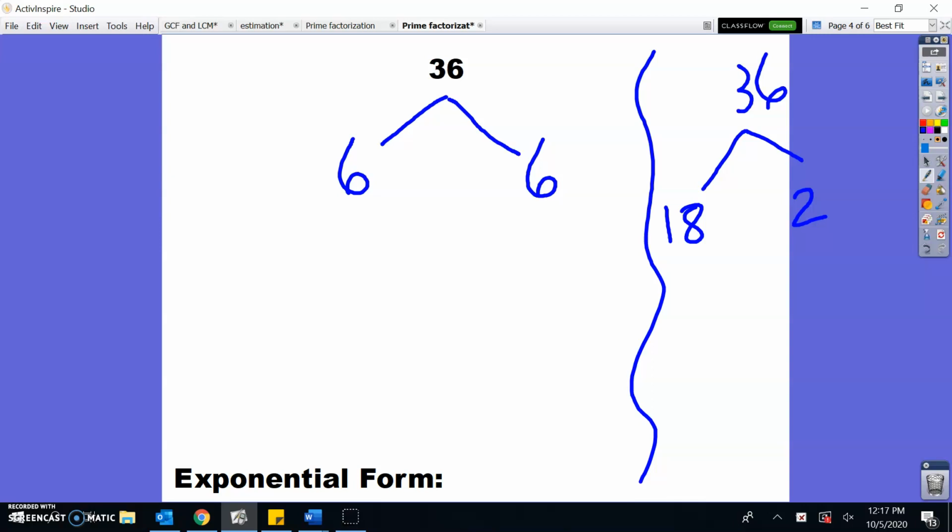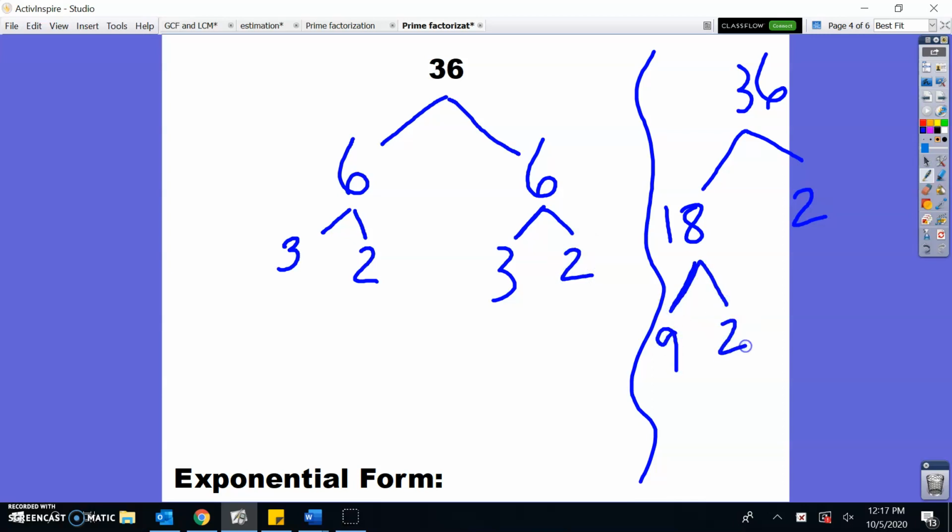So here we go. 6 I know can be broken down even more. I can multiply 3 times 2 to get me 6, and I can also multiply 3 times 2 to get me 6. Over here, I know 18 can be broken down into 9 times 2. The number 2 cannot be broken down because that's a prime number.